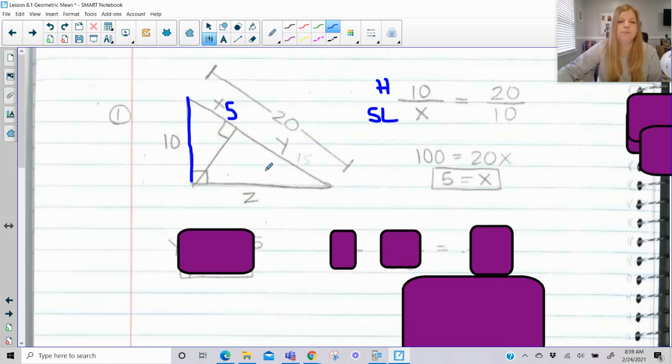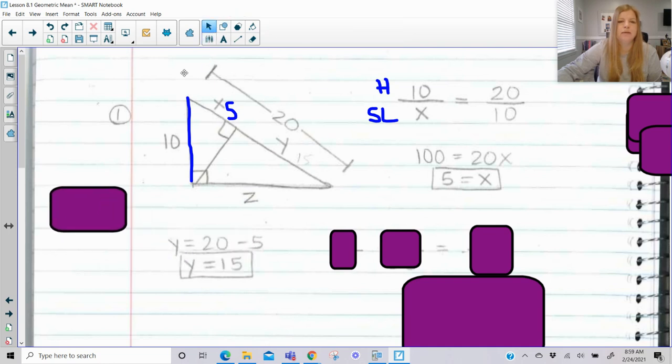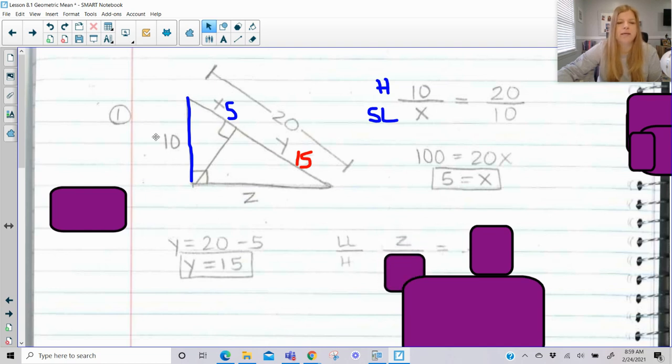Now, the nice thing about this problem is, if this is 5 and I know the entire length is 20, then of course that means y is 15. And now if I wanted to solve for z, z is a hypotenuse and it's also a long leg. So if I wanted to set up long leg over hypotenuse, I could say, okay, z is the long leg, the whole hypotenuse is 20.